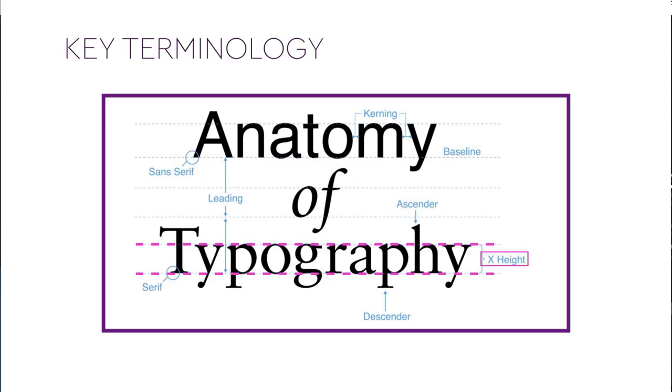X height is the measure of height of all lowercase letters that are part of the same typeface. It is called X height because the letter X of each typeface is what determines the measurement. Then the descender is a vertical stroke that extends downwards below the X height.